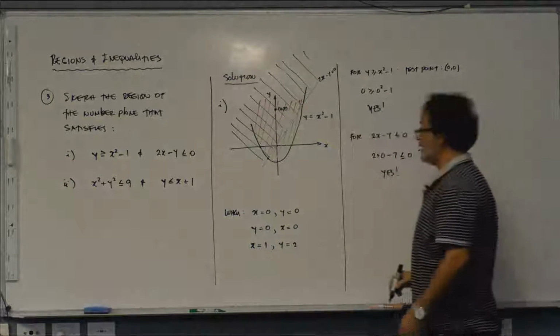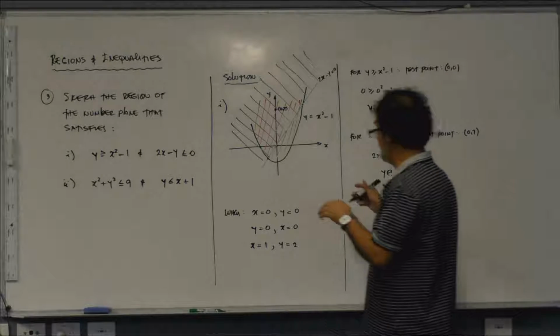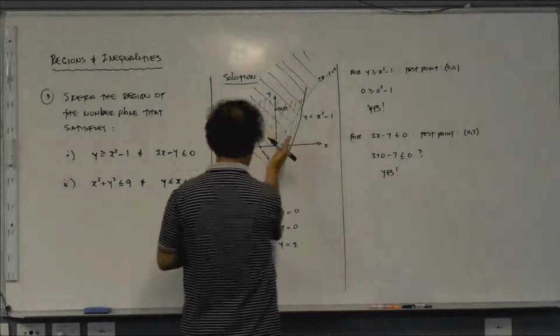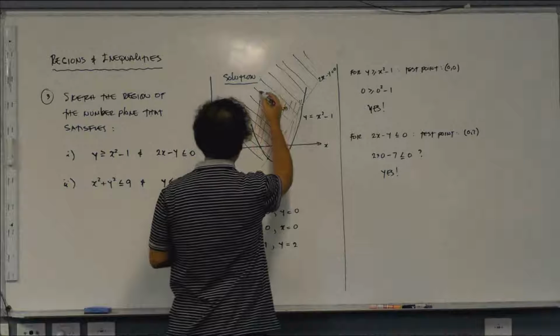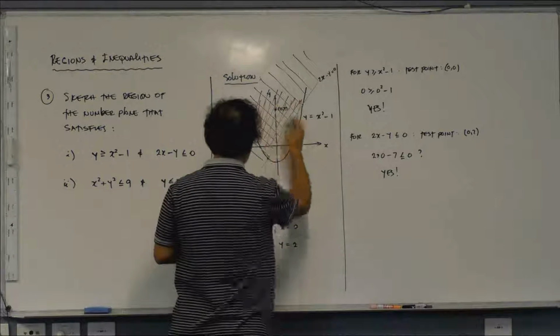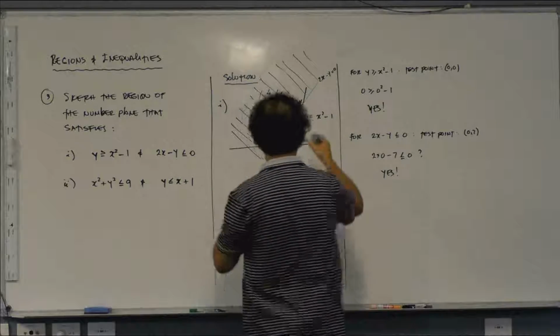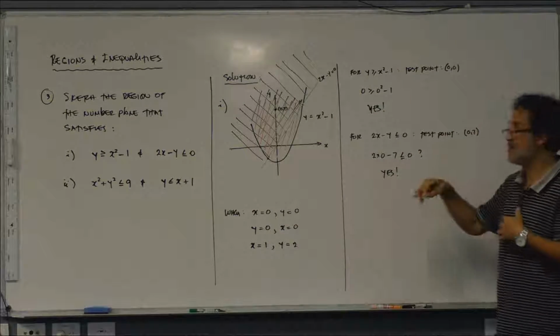All right, but then you're gonna see where they overlap. Can you see that they are overlapping inside the parabola, but above this line here? So the region that we're talking about is everything inside of the parabola, but above this line.